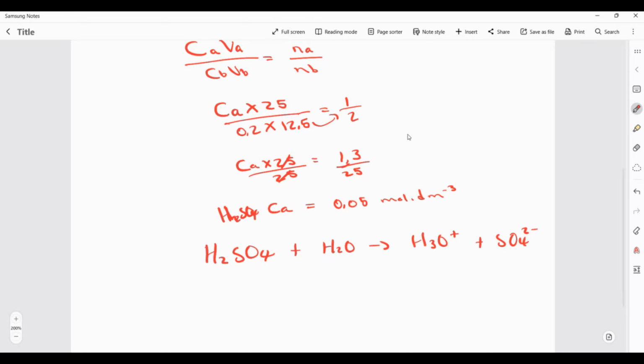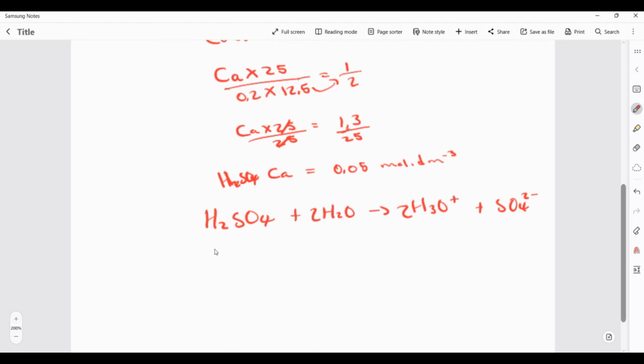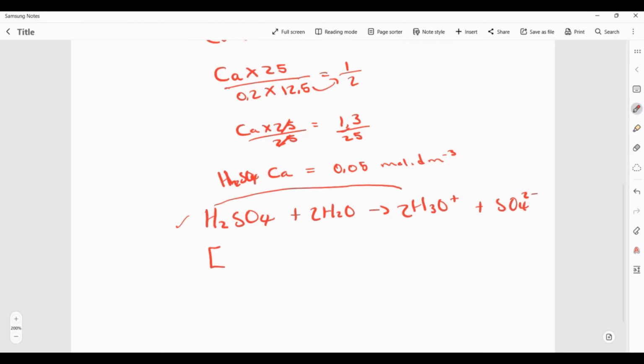We have said this in the previous lessons, and to balance, it's only putting 2's in that manner. Now, I'm going to make the relationship between the concentration of H2SO4 and the concentration of H3O plus.